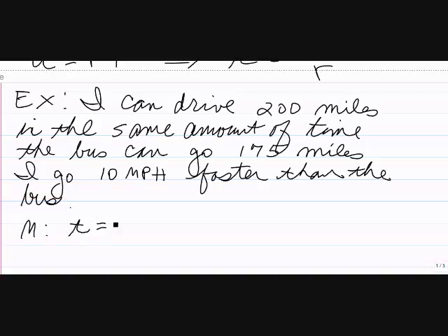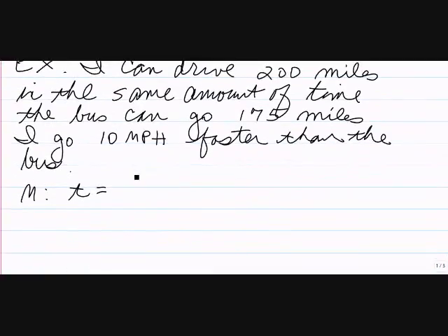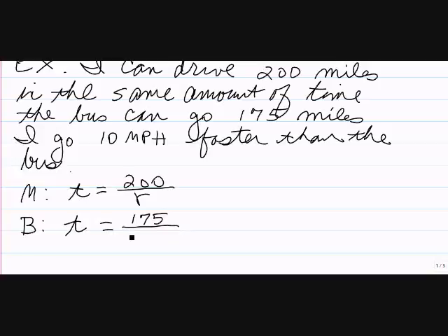So let's put down my formula for my time. My time is my distance divided by my rate. My distance is 200. And my rate, I don't know what it is, I'll just call it r. And the bus, their time is their distance, 175, divided by their rate.